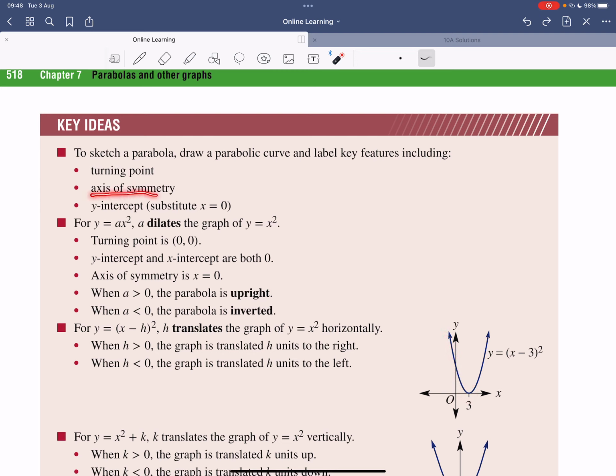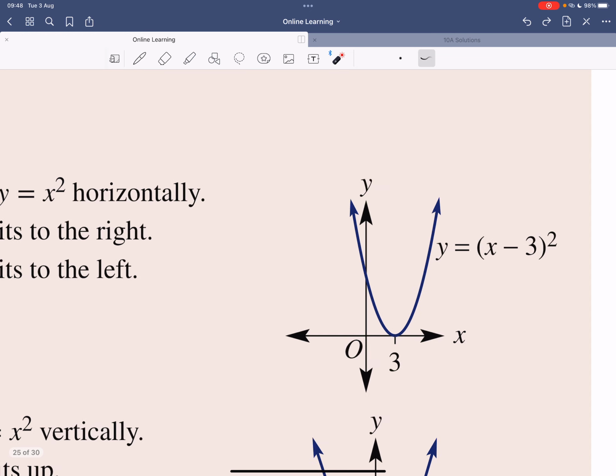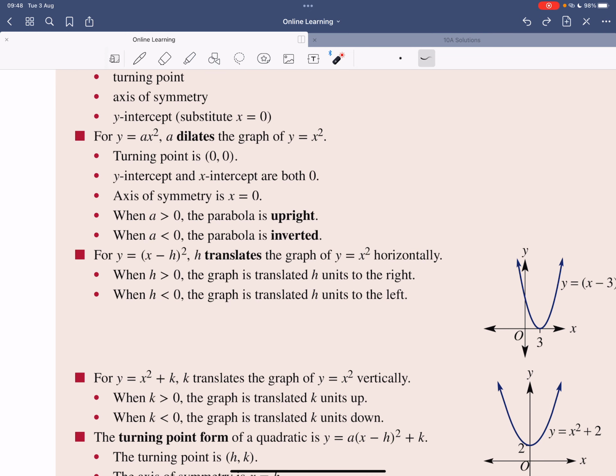Then the axis of symmetry, which is where along the x-axis, or even the y-axis for some functions, you find the left being equal to the right, and it's right here. So x equals 3 would be the axis of symmetry.